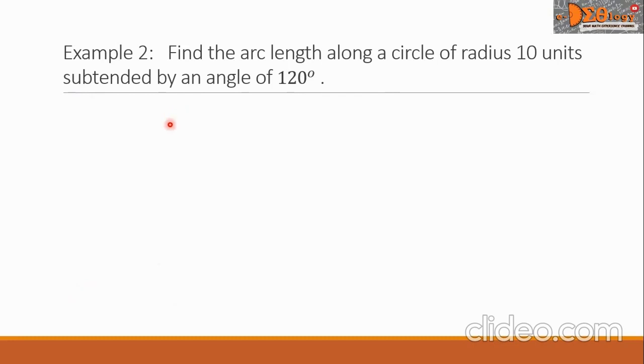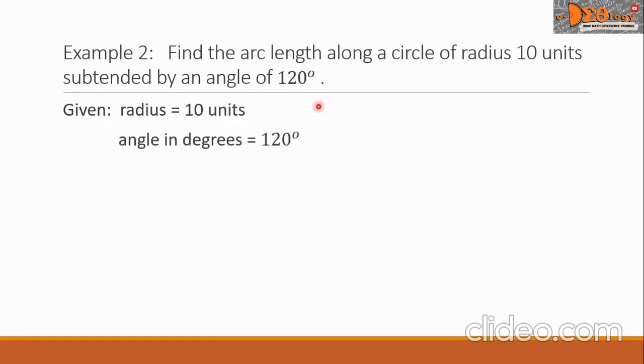Let's have example 2. Find the arc length along a circle of radius 10 units, subtended by an angle of 120 degrees. Let us collect the given first. The radius is 10 units.